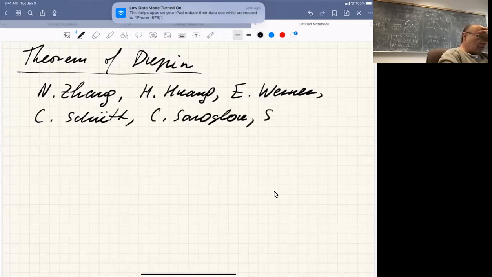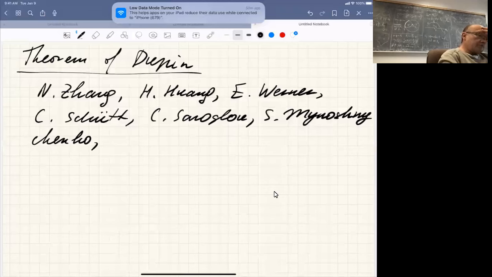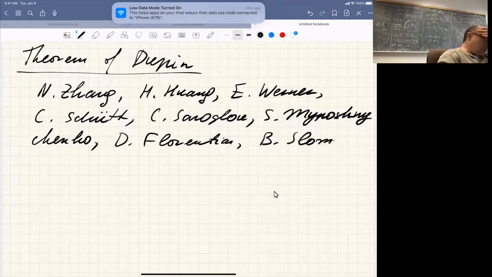It will be Seryozha Miroshnichenko. Who else? Dan Florentin, Boaz Slomka. And I probably missed someone, but I apologize. Christos Saroglou is here. Yes, everybody's here, it looks like. So all of these people gave their share to this theorem.